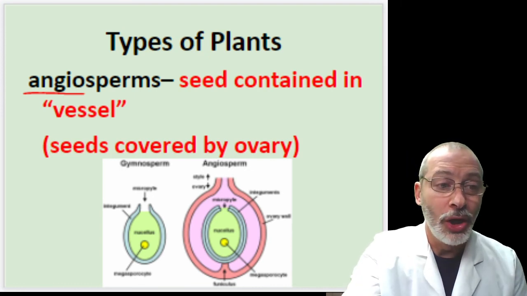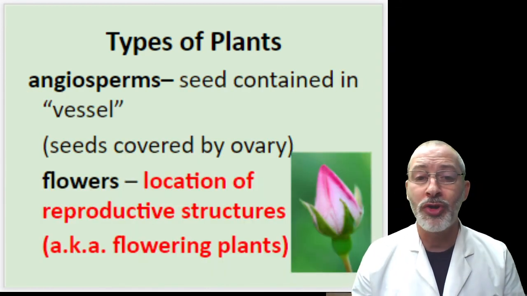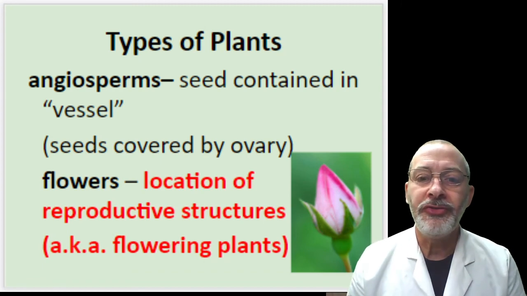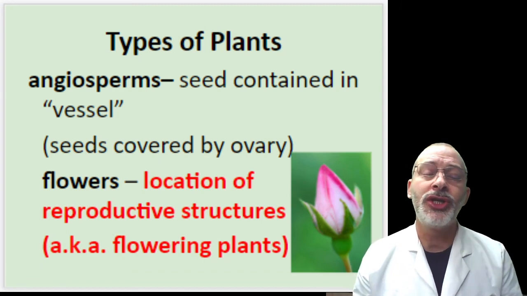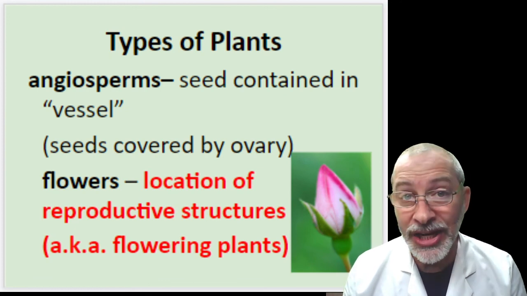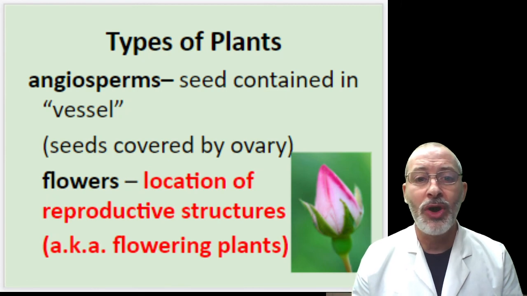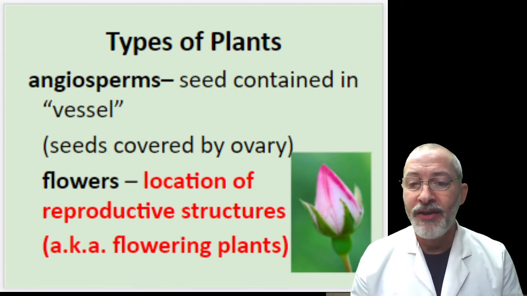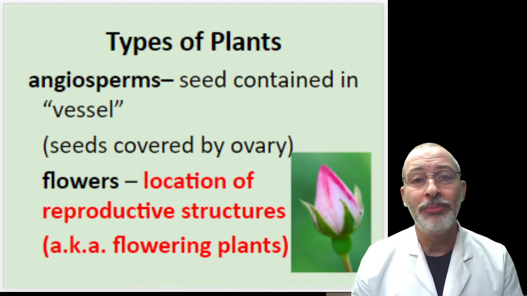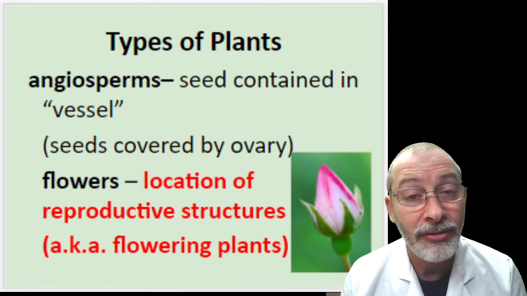But the location of the reproductive structure in angiosperms are the flowers. And we also call angiosperms flowering plants for good reason, because they're the ones that produce flowers.